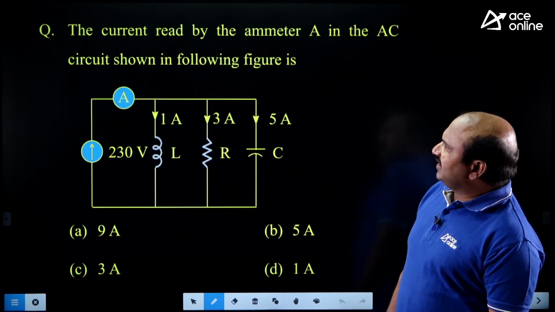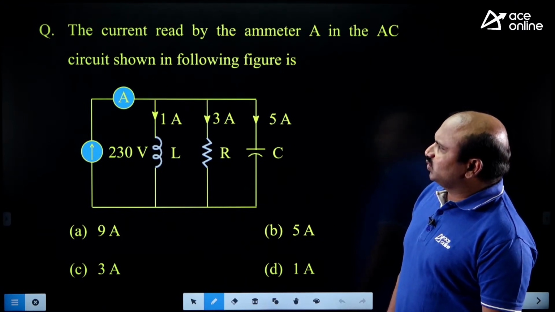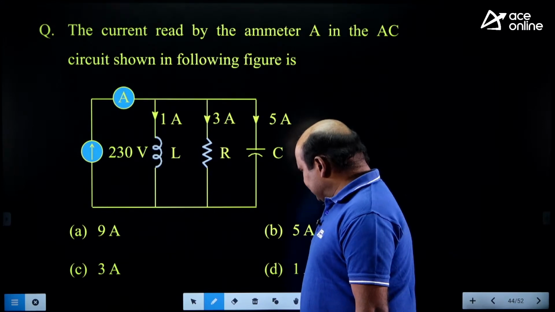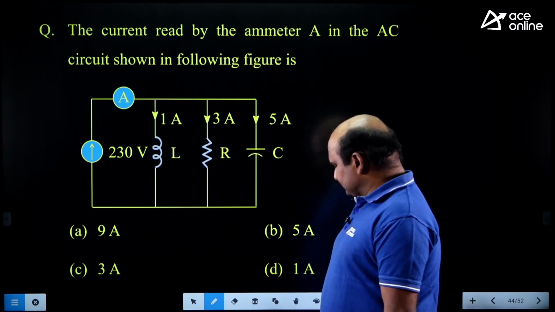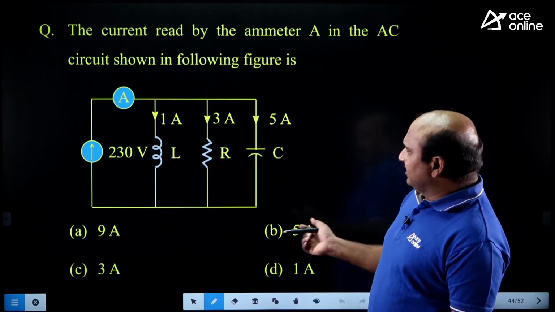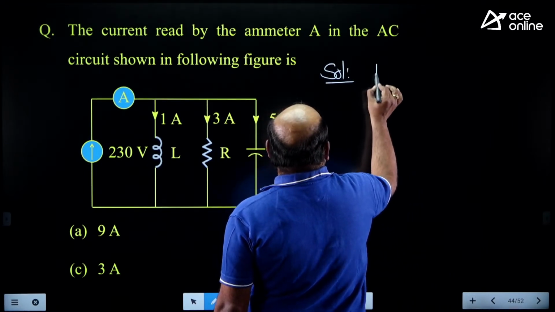The current read by ammeter A in the AC circuit shown in the following figure. Tell me, guys, what we can take. The ammeter reading is given for an RLC parallel circuit.